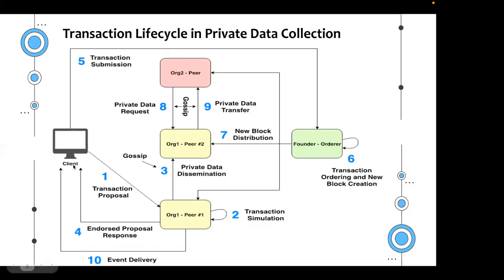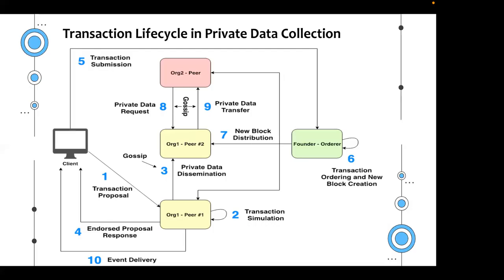Now in the private data, what will happen is from the client, the transaction proposal will come to the org1 peers who are part of the private data. This is an endorsement peer. In the private data collection we also mention the endorsement policy, like who is going to endorse a private data transaction.